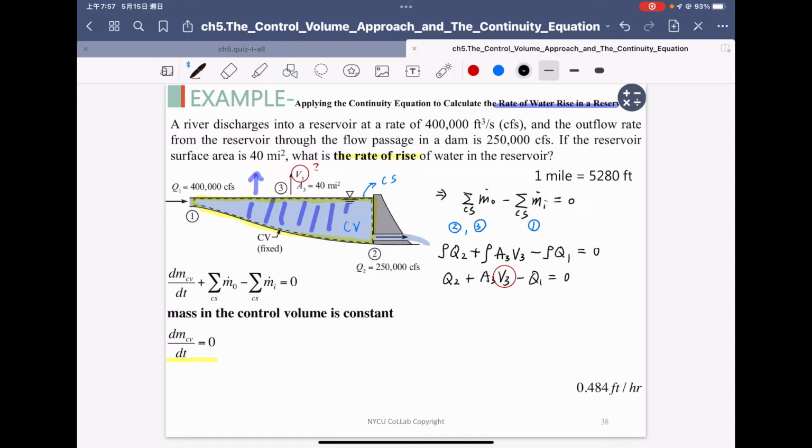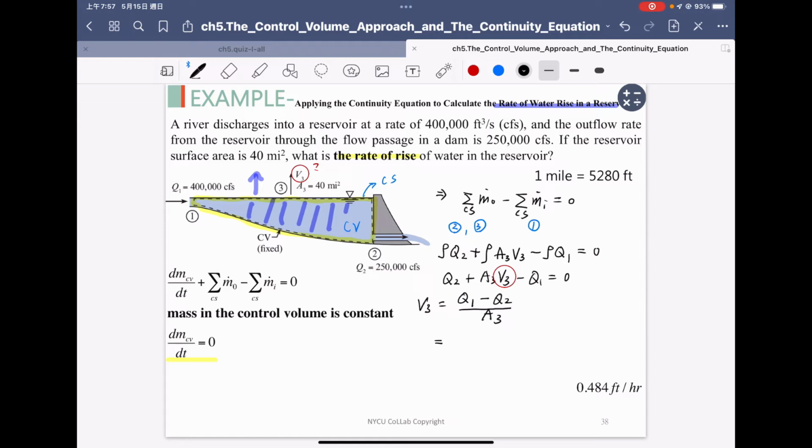So we just rearrange the equation. We know that V3 will equal Q1 minus Q2 divided by A3, right?